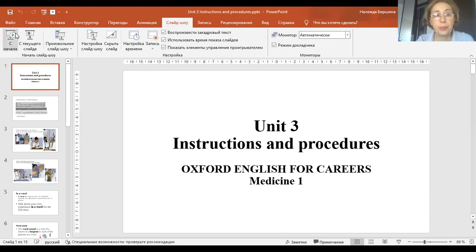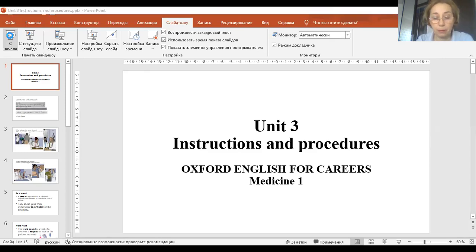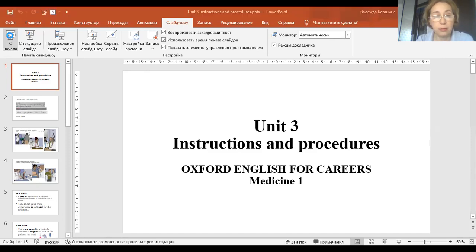Different kinds of equipment are involved, so the practitioners need to know how to do this, and there are some instructions that help medical practitioners to deal with these procedures and equipment. And so today we'll start speaking about this.